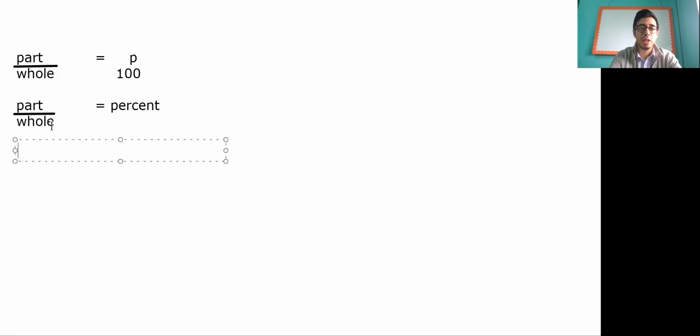If you have something that is affecting your variable, you pass it to the other side to divide or to multiply, depending, okay? So in this case, the whole is dividing, I need to pass it to multiply. So I have that the part is equal to the percent multiplied by the whole.